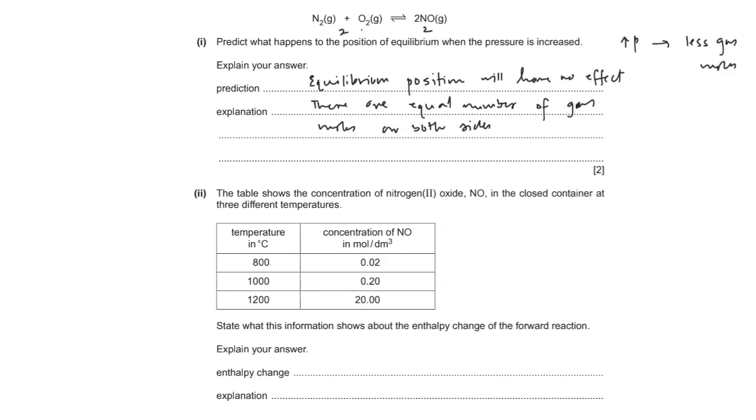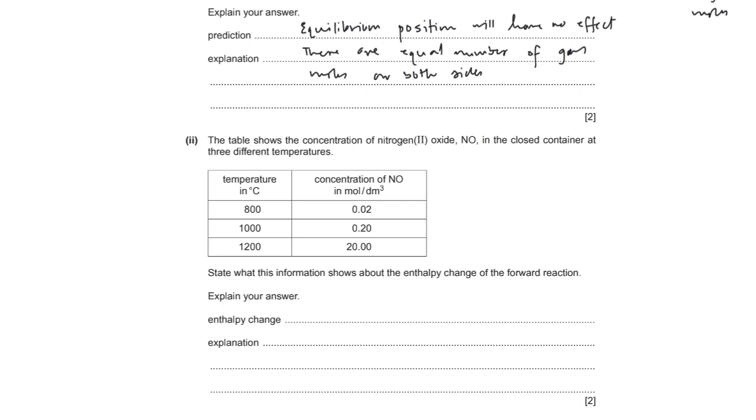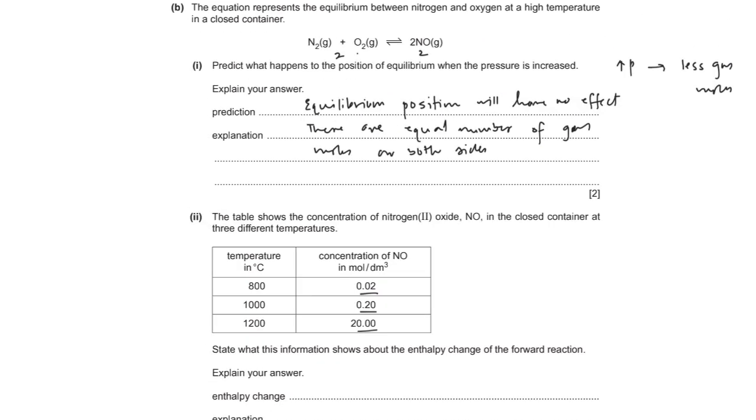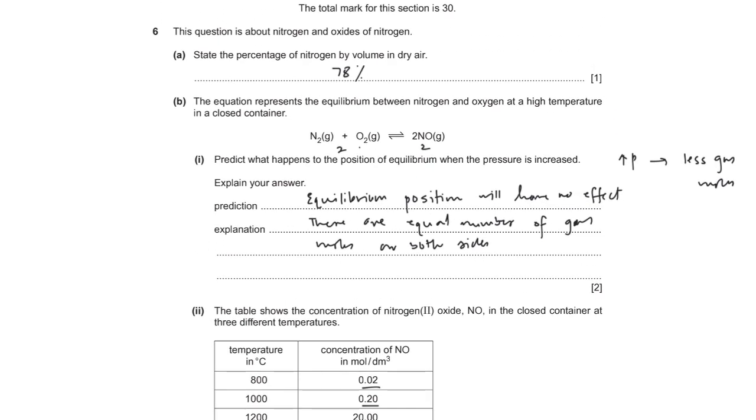The table shows the concentration of nitrogen monoxide at three different temperatures. So as you are increasing temperature, the concentration of nitrogen monoxide is increasing. State what this information shows about the enthalpy change of the forward reaction. If you increase temperature and NO is being produced more and more, it means the reaction is going forward on increasing temperature.